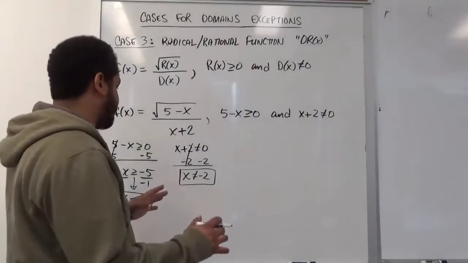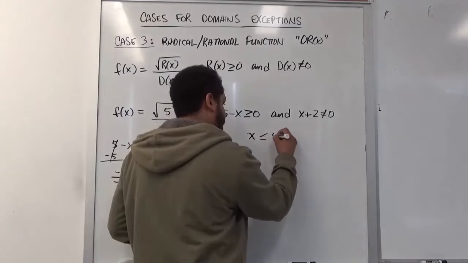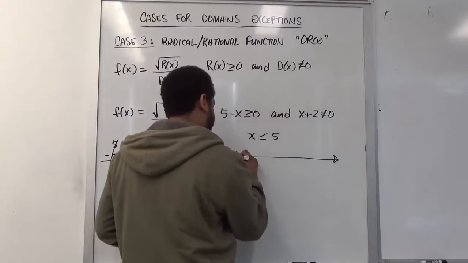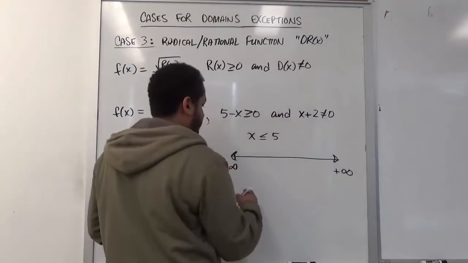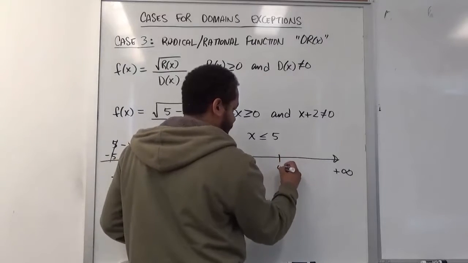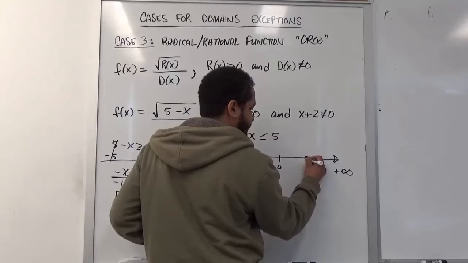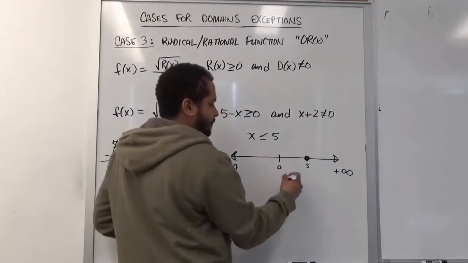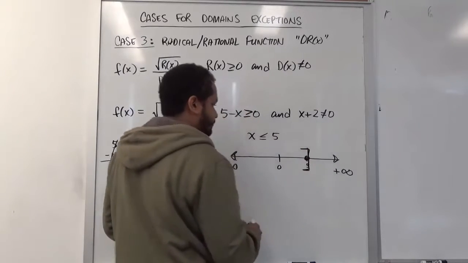And so what we're going to do here is first graph x is less than or equal to 5. And what we have here then is the number line going to negative and positive infinity. The first stop we have is in the middle for 0. Then we have this value of 5, which has a solid dot, and the reason it has a solid dot is because it's included. So I'm going to put the bracket for its inclusion for 5, right?